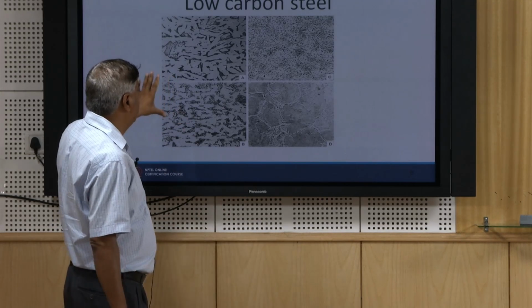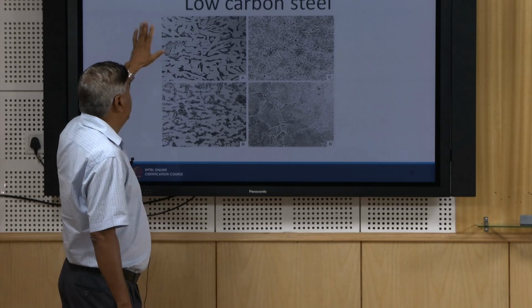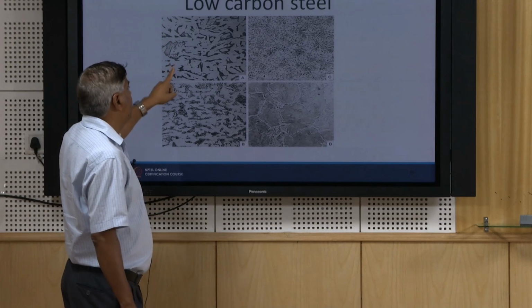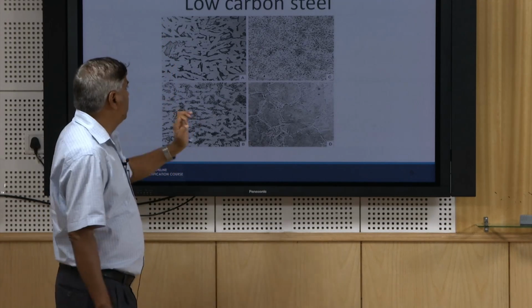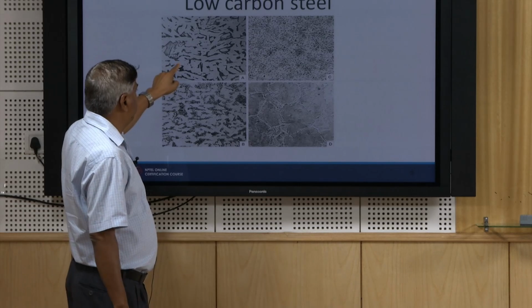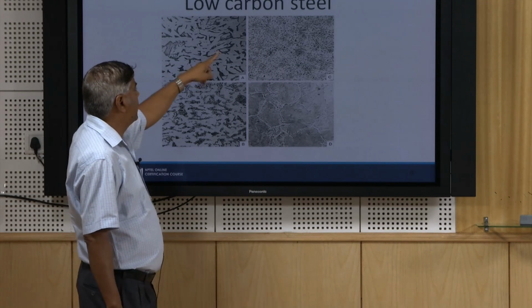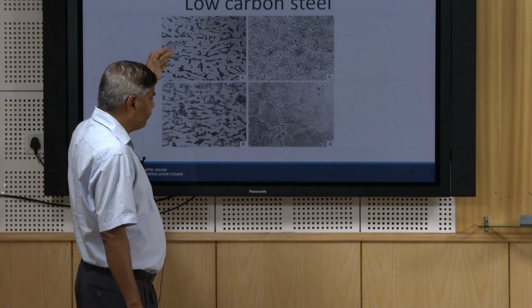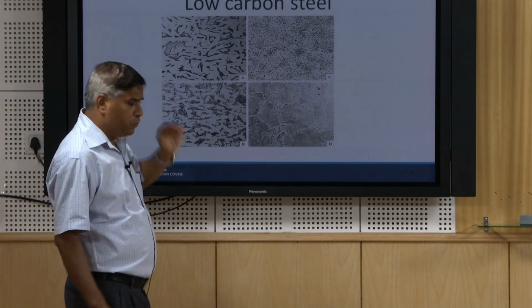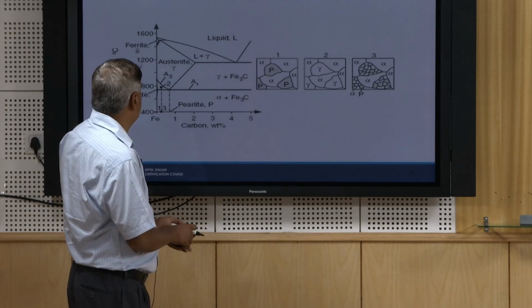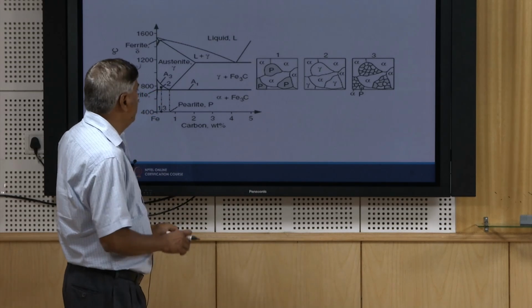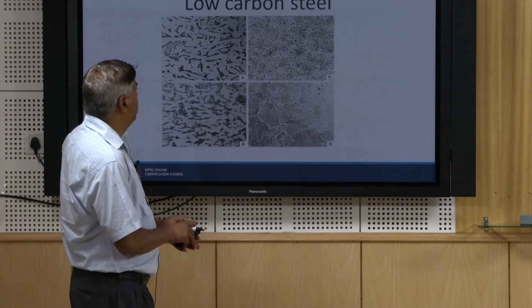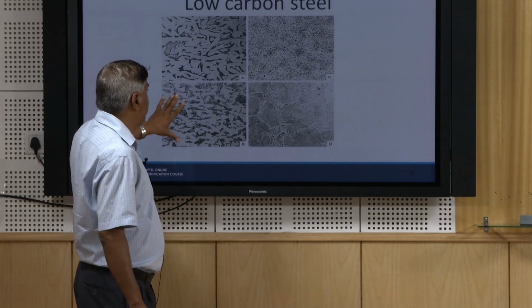And this is what the actual diagram shows: the base metal having light etched white ferritic grains and dark etched pearlitic grains. When they are heated to point 2 and then cooled rapidly, it results in the partially refined zone.